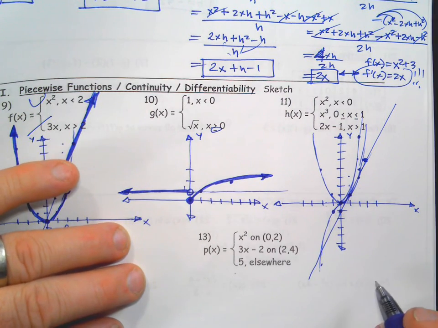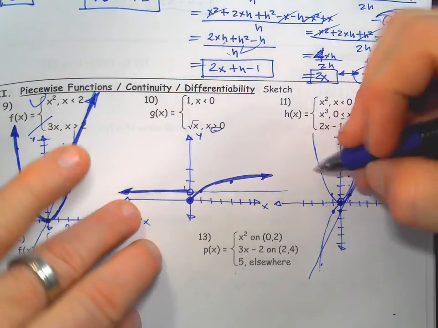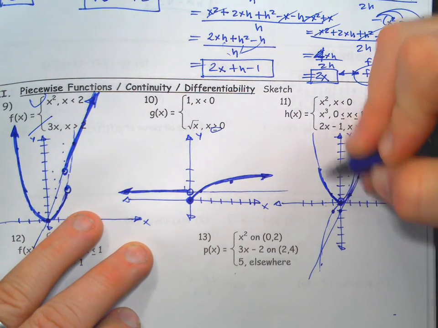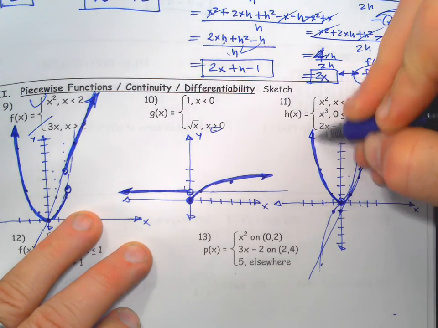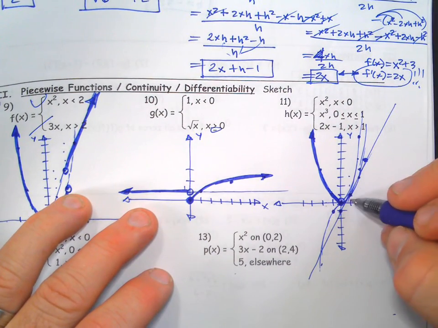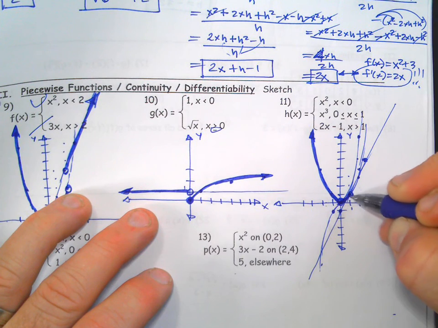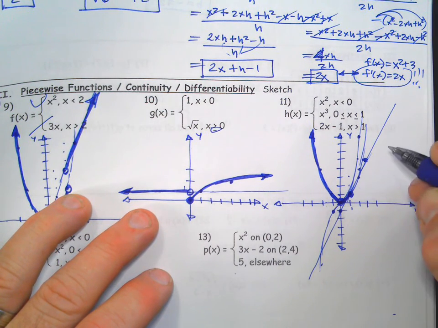Okay, so to the left of 0, open dot, it's the parabola. 0 to 1, it's the cubic. So it's a very small portion of this curve, and including 0 and 1, so it's solid dots. And then to the right of 1, it's the line.